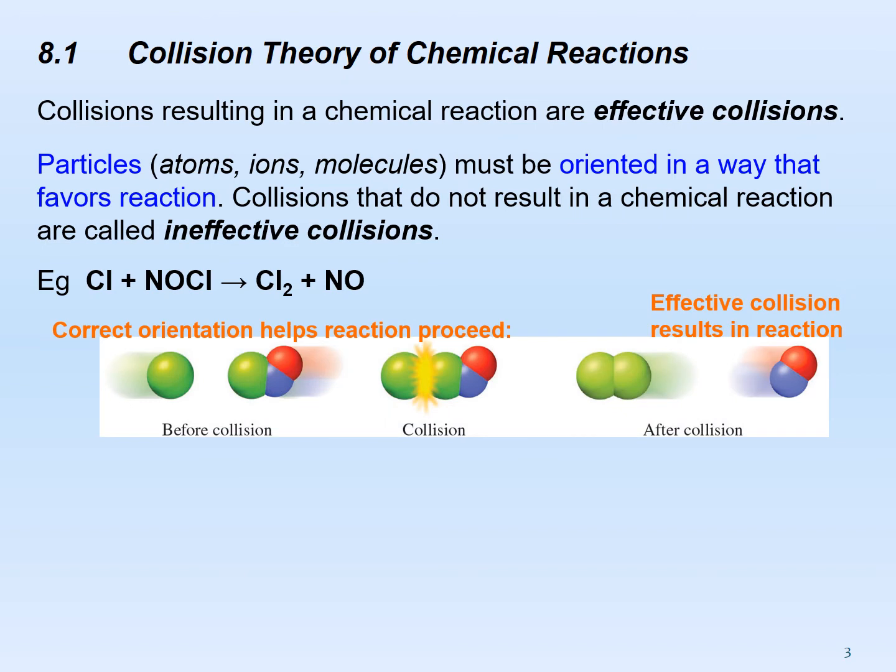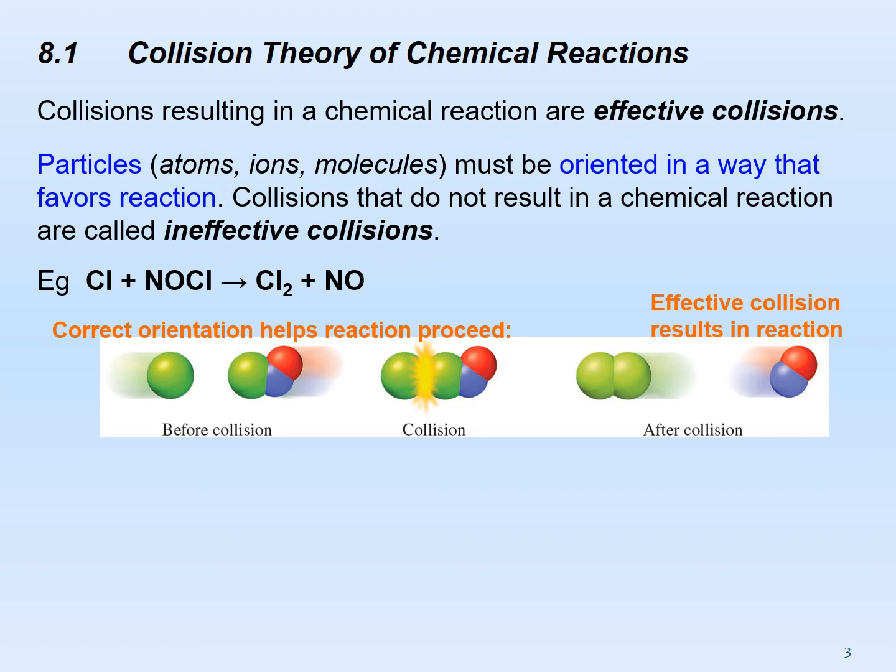That is, the Cl of NOCl molecule must be facing the Cl atom. When they smash into each other, the old bond between Cl and N in NOCl can break, and a new bond between the Cl atoms can be made to form Cl2 molecule. Nitric oxide is formed after Cl leaves NOCl.